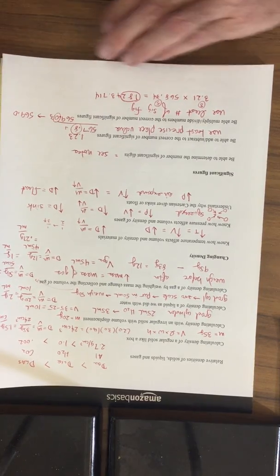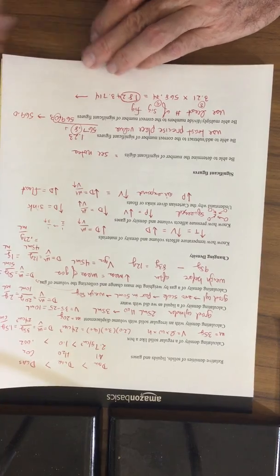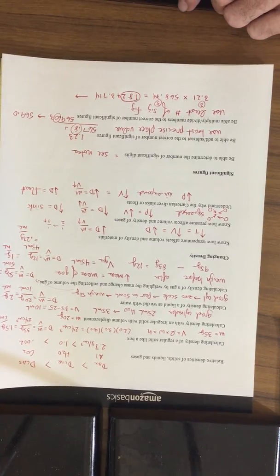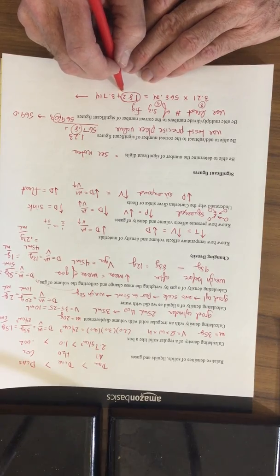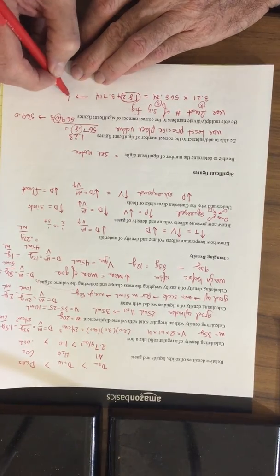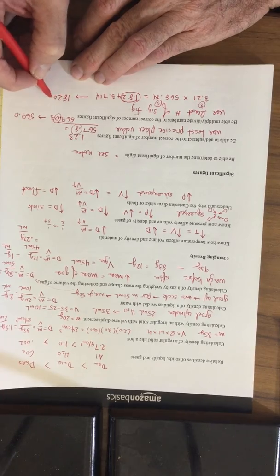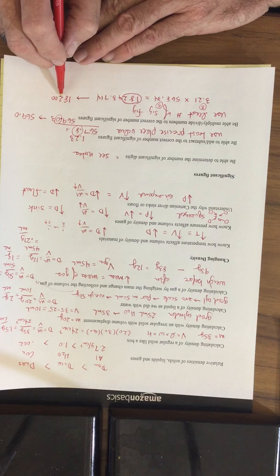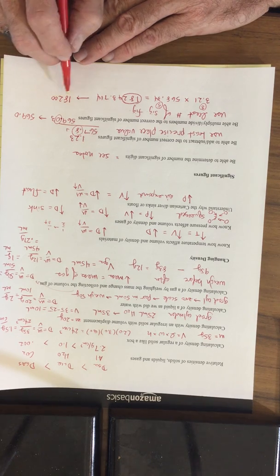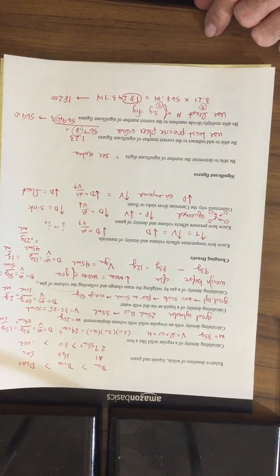That's as far as I can go. The rest of the numbers are not significant. So I use this number to either round up or down, and it's going to round down. So my answer would be 182,000. Because if you remember, the zeros after a number before a decimal are not significant. So that would be my answer there.